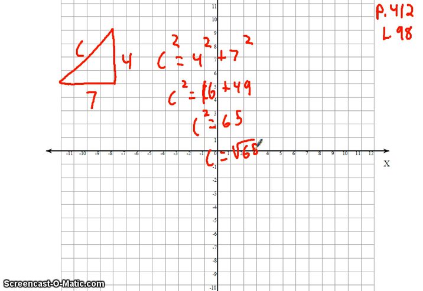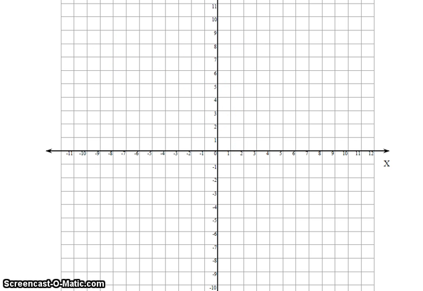If you recall doing that, we can use the Pythagorean theorem then to help us find the distance between 2 points, which is the first exercise that we are going to do today.